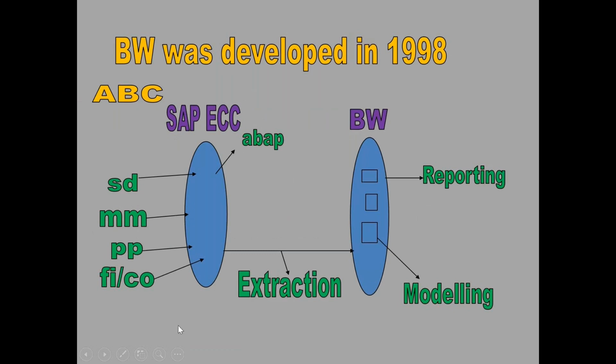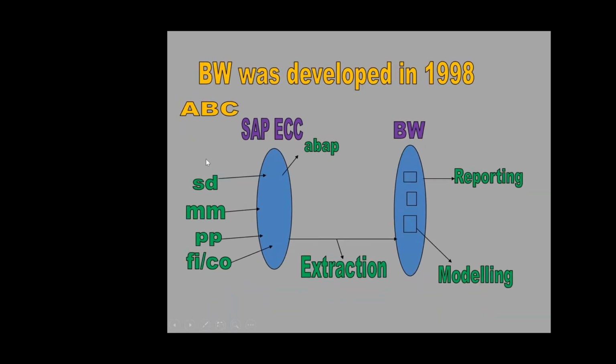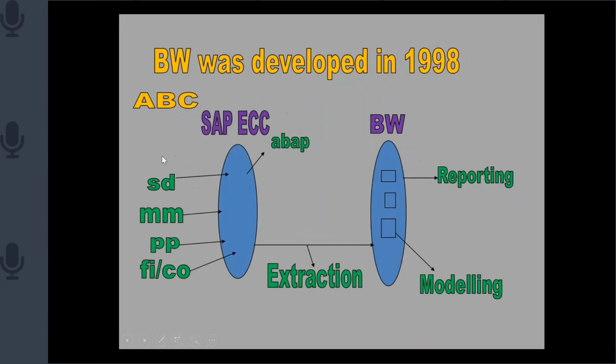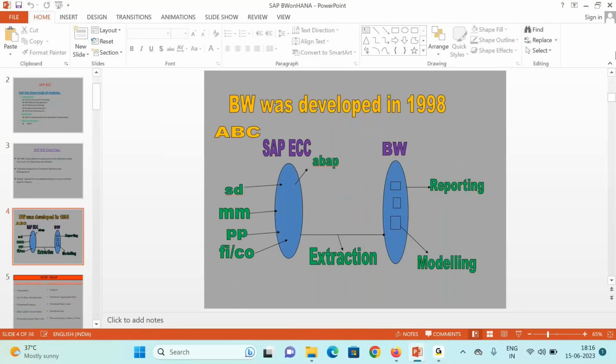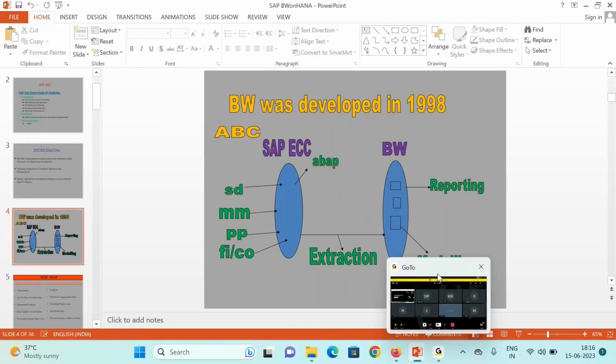The SAP ECC system is a pure day-to-day transactional system, where we have a lot of modules based on the client's business. But the BW is mainly used for enterprise warehouse solutions, reporting, and analytics. So why are we maintaining this BW for enterprise warehouse management and reporting?